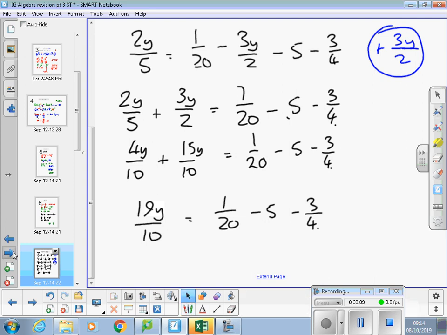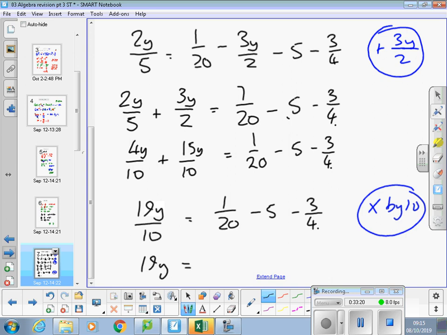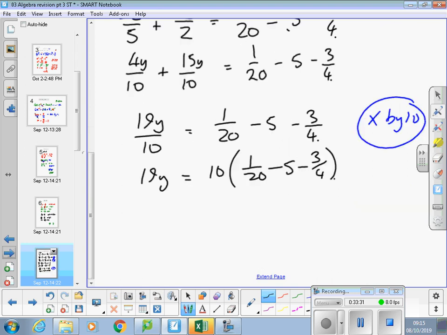Multiplied by 10. So that's 19y is equal to 10. Quickest to multiply it all by 10, so stick it in some brackets and put the 10 outside. We want to get the y on its own.